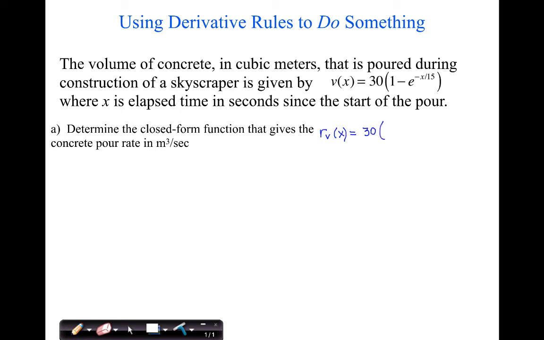I can work on simplifying this later, but finding the derivative of the two terms inside, I've got the derivative of 1 minus the derivative of e to the negative x over 15. Well, e to the negative x over 15, we were just talking about stuff like this, is its own derivative. I just then have to multiply by the derivative of that exponent. Keep in mind that negative x over 15 means the same as negative 1/15 x. It's a linear exponent. Derivative is its coefficient, that slope, negative 1/15.